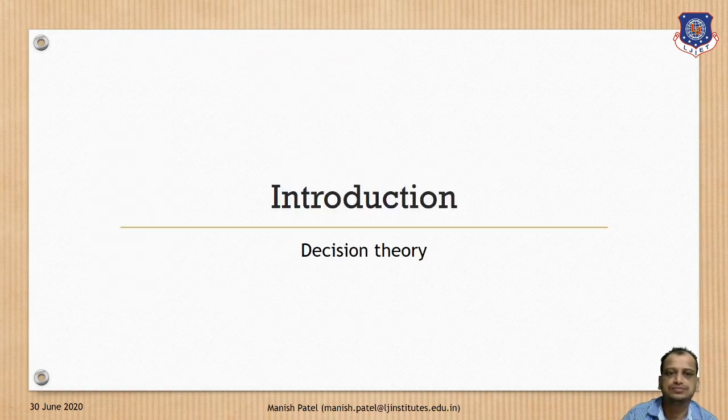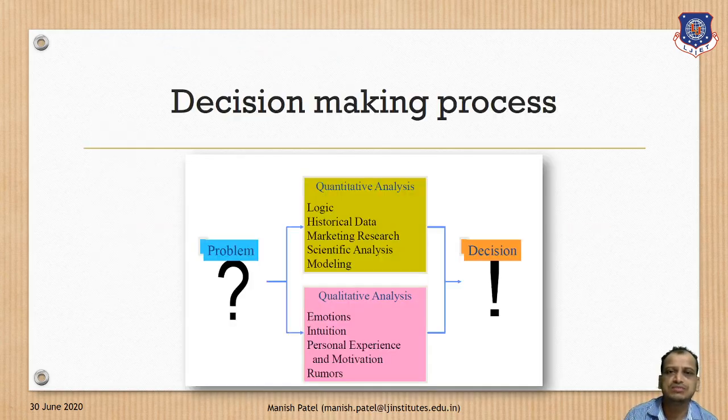So let's start. What is the decision making process? If you are given some problem, you have two options, right? You can solve this problem with the help of quantitative analysis or qualitative analysis.